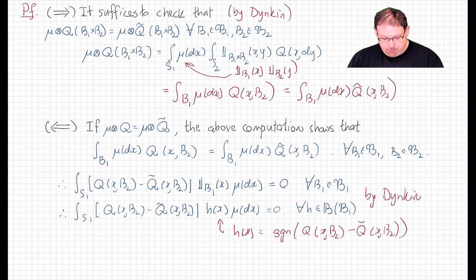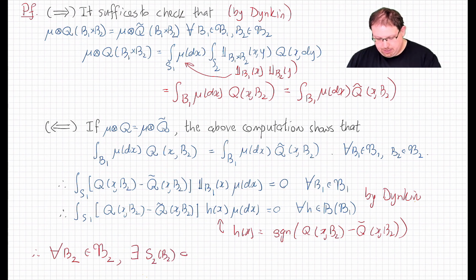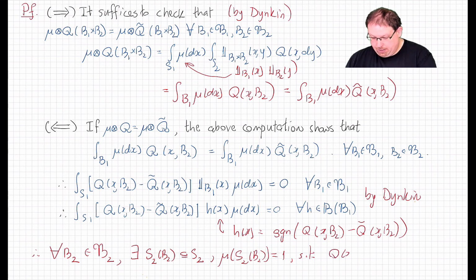That is, what we've shown is that for each set B2 in the sigma field script B2, we find a set S2 of B2 with mu probability measure of that set 1 such that q of x and b2 is equal to q tilde of x and b2 for all x in that set S2 of b2.